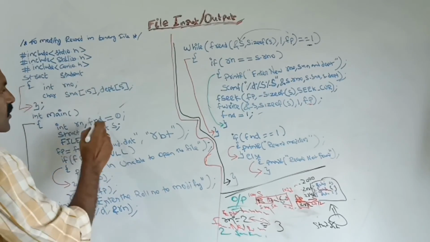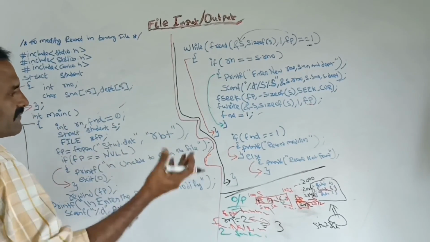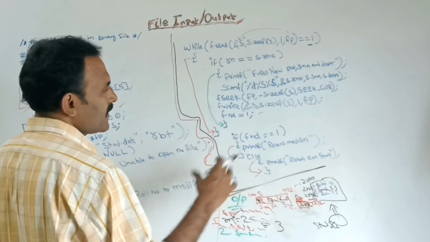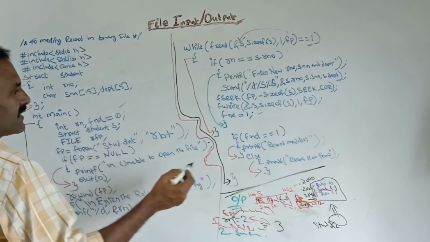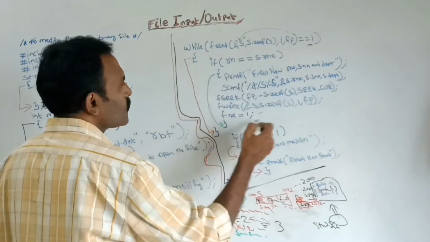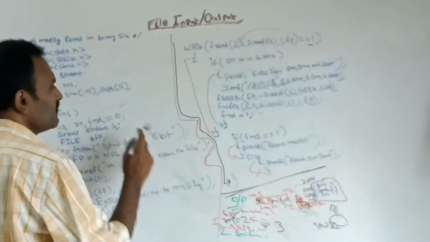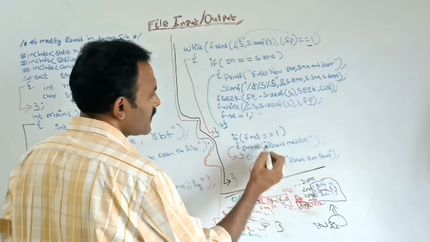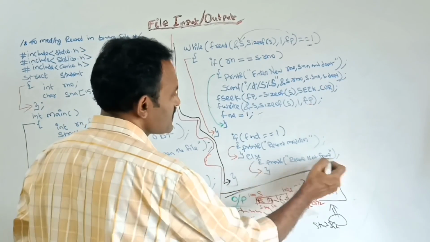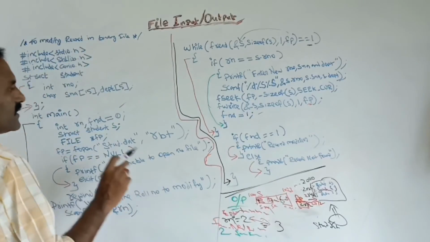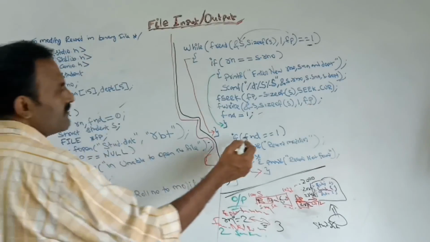By the help of this fnd value you can easily find whether we have modified the record or not. If the fnd value is 1, I am telling it to print record modified. If it is not matched, the fnd value will be 0, then it displays record not found. In this way, by using this fnd variable, we can check.